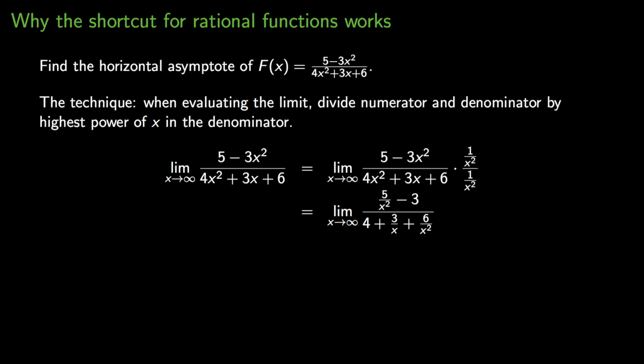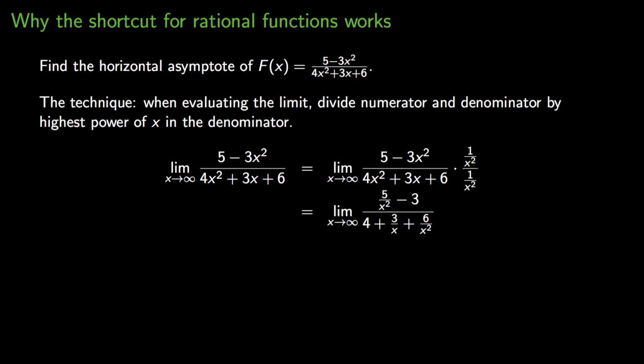Why is this cool? Because we can use properties of limits to examine all 5 pieces separately and make a conclusion about what that limit's going to be because of that. The limit as x approaches infinity of 5/x² is literally 0. As x gets very big, 5/x² gets very tiny and it approaches 0.